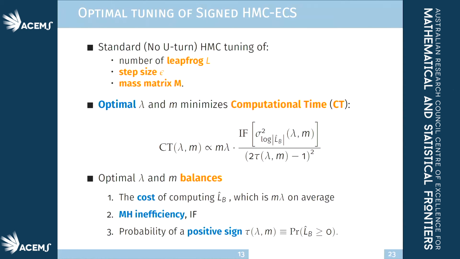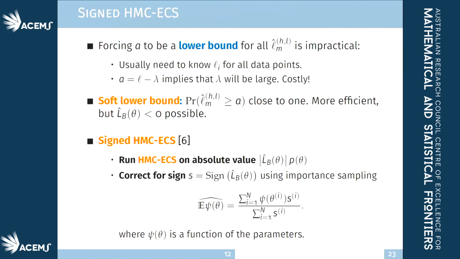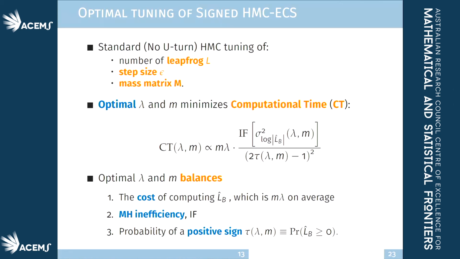So we've got this optimal computing time that we define in this way, where tau is the probability of being positive. So we've got m lambda times inefficiency divided by (2 tau minus 1) squared, where tau is the probability, and we want to optimize that if we can.